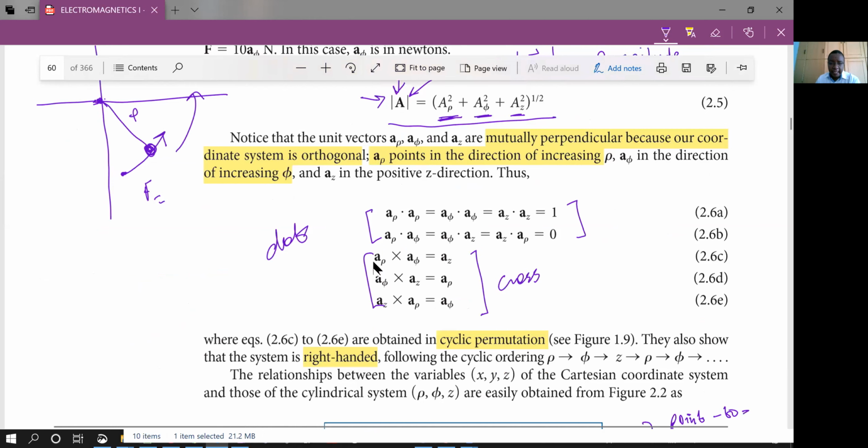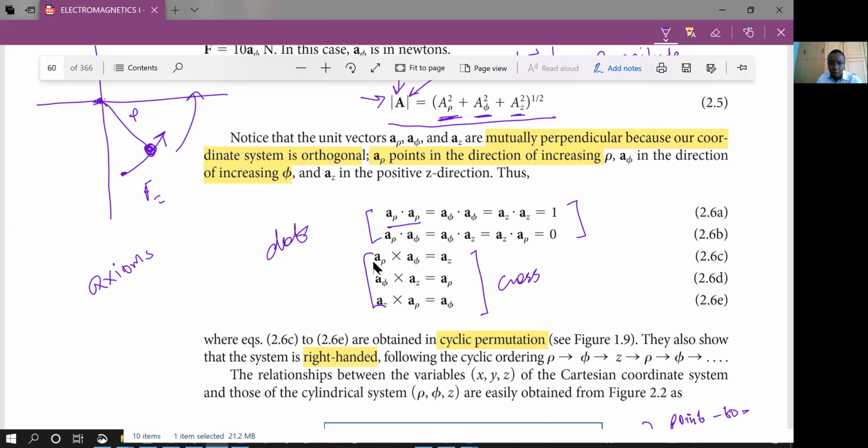Note that the unit vectors A phi, A rho, and AZ are mutually perpendicular. That's something we have already said. And therefore, the axioms, remember the last class we mentioned the concept of axiom. The axioms of electromagnetics or vectors, we can define them. We say that when you dot the same unit vector, you get a 1.